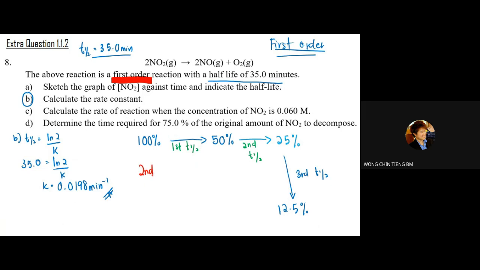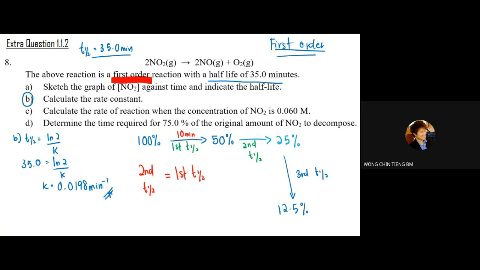The second half-life in the first order will be equal to the first half-life in the first order. Okay? What do I mean? If I take 10 minutes for this reaction to happen, from 100 to 50, I use 10 minutes.